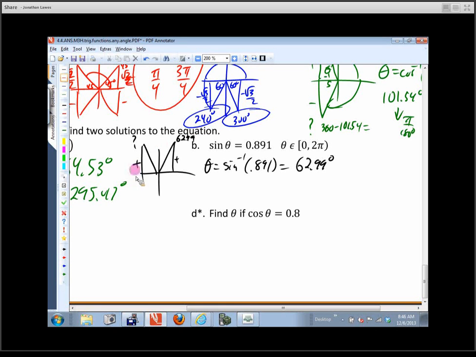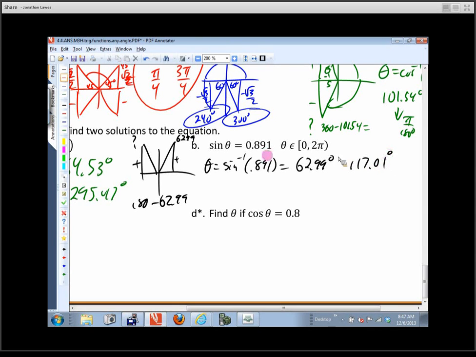I'm stopping short of that by how much? 180 minus 62.99 would be the other answer. Okay? And that is, what is it? 117.01 or something like that.